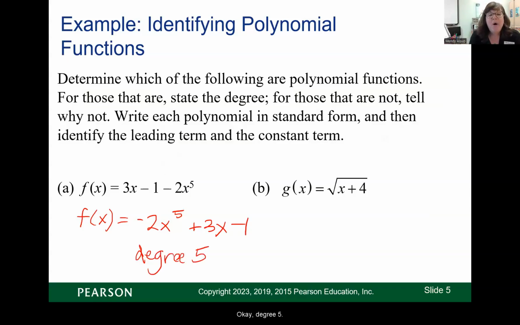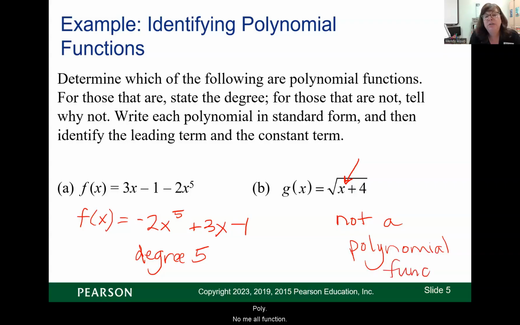Degree 5. However, letter B has the variable underneath the radical sign. It is not a polynomial function.